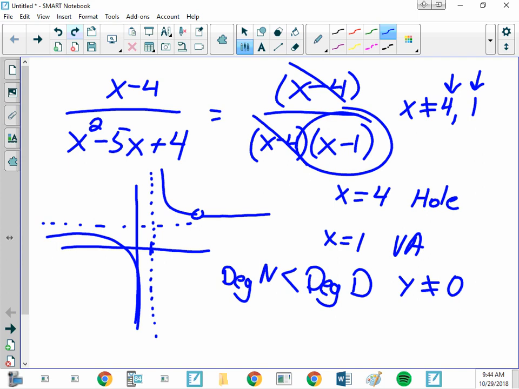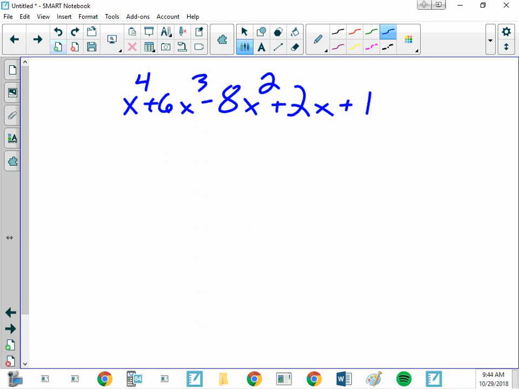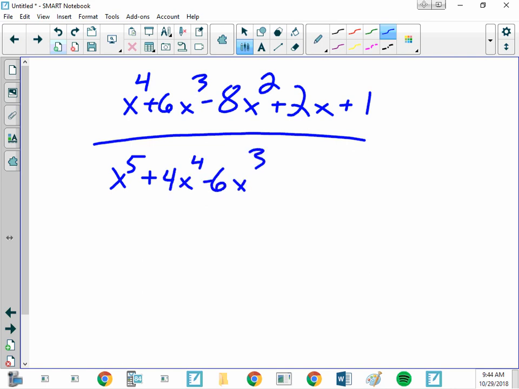Which basically means if there's a higher power of x in the bottom than on the top, then your horizontal asymptote is at 0. Now, why is that? Well, let's look at (x to the fourth plus 6x to the third minus 8x squared plus 2x plus 1) over (x to the fifth plus 4x to the fourth minus 6x to the third plus 2x squared plus 1x minus 3).